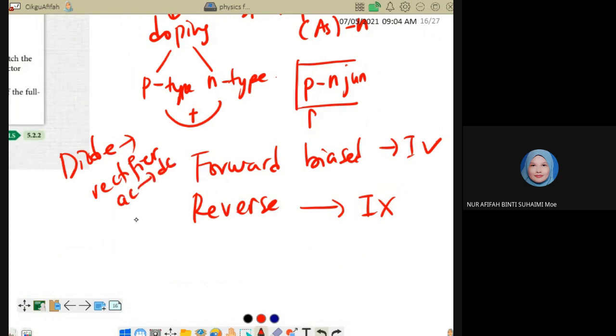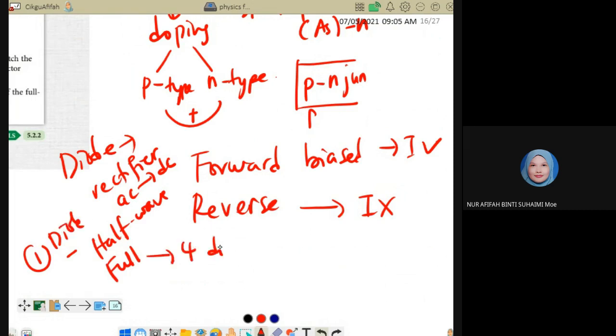We have two types, half wave and full wave. Half wave uses only one diode. Full wave uses 4 diodes, or we call it a bridge rectifier. And you must know the output graph.